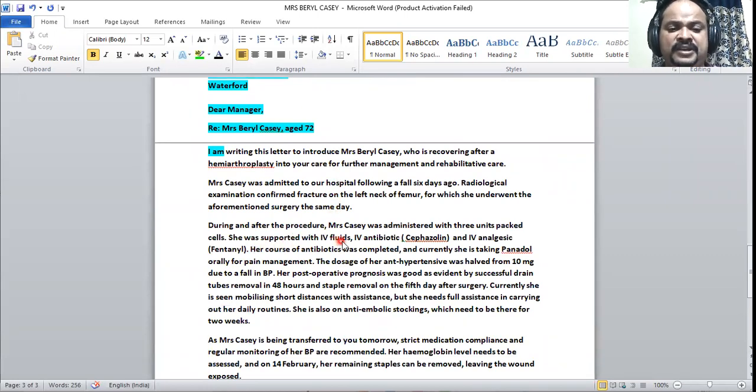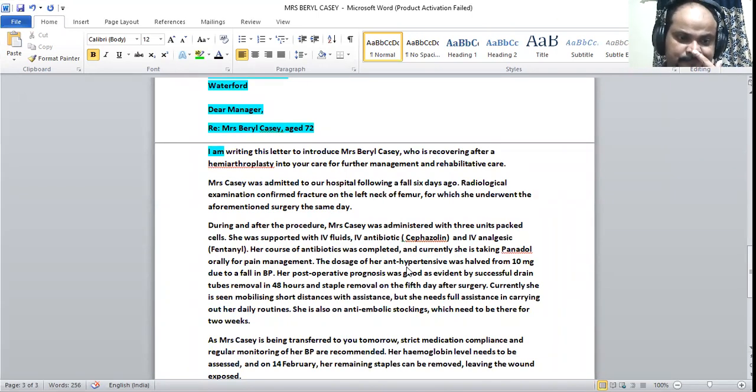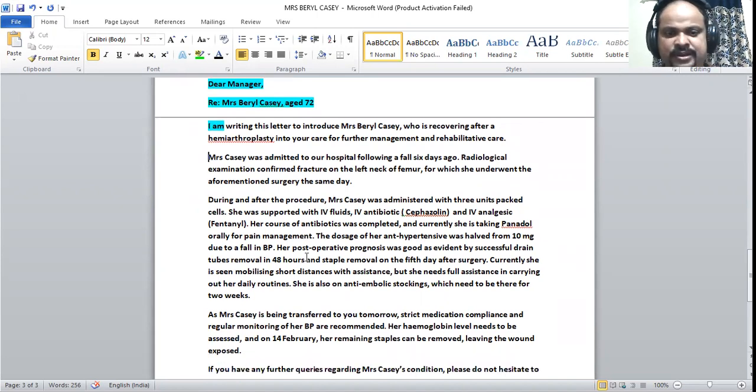She was supported with IV fluids, IV antibiotic, and analgesic. Okay. Now, I have one problem here. I don't have a particular route here where how the fentanyl was given.